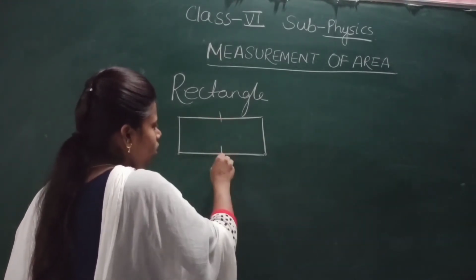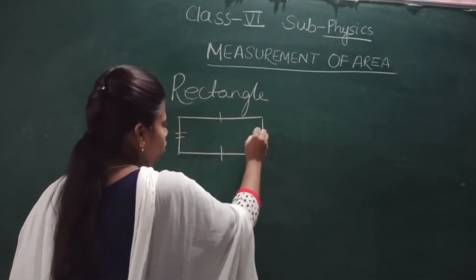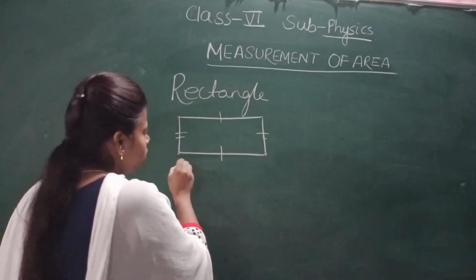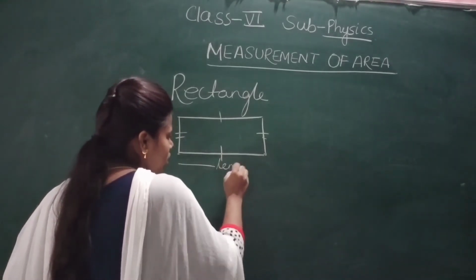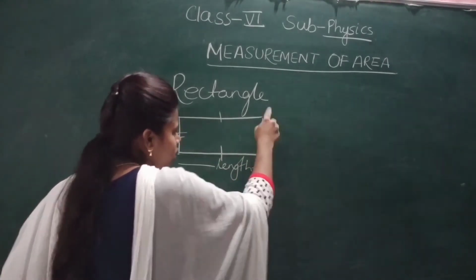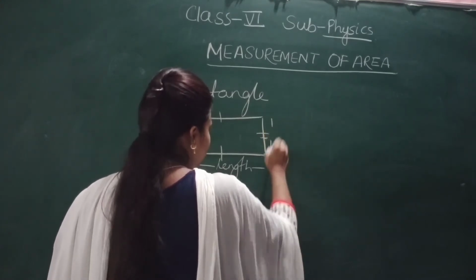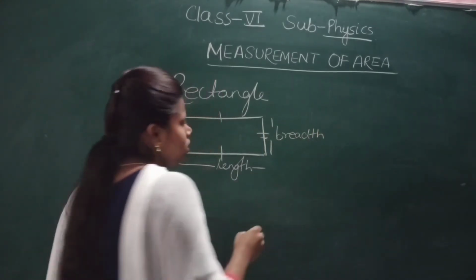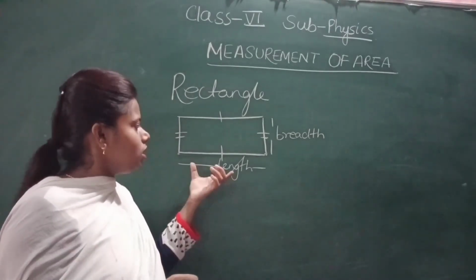These two sides are equal and these two sides are equal. This one is length and this one is breadth.